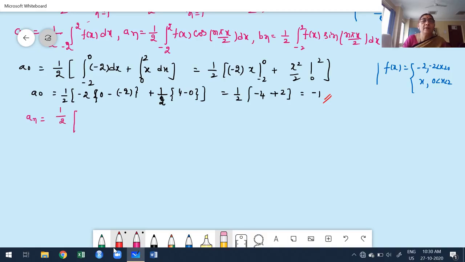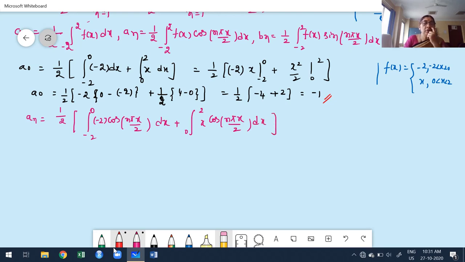Now we have to split the integral. Minus 2 to 0, what's the function? Minus 2 into cos of n pi x by 2 with respect to x. And then 0 to 2, what's the function? x cos of n pi x by 2 with respect to x.